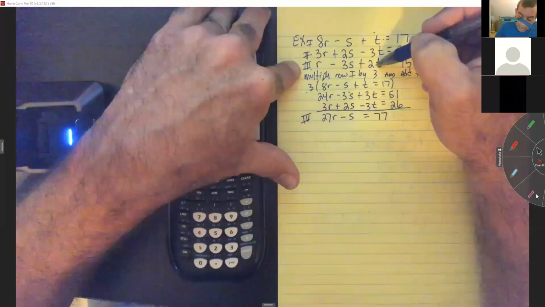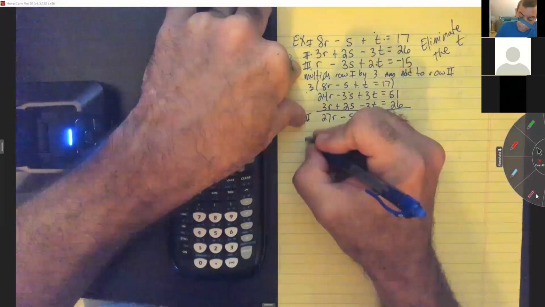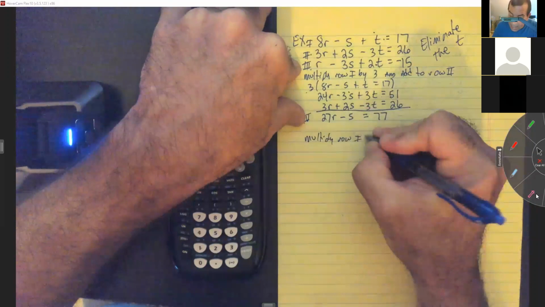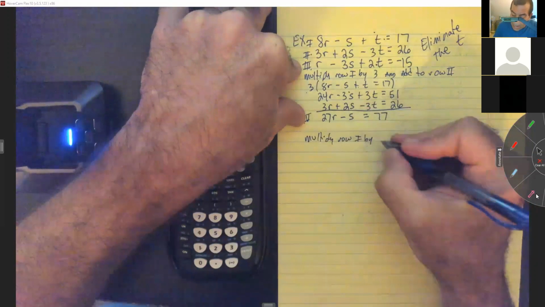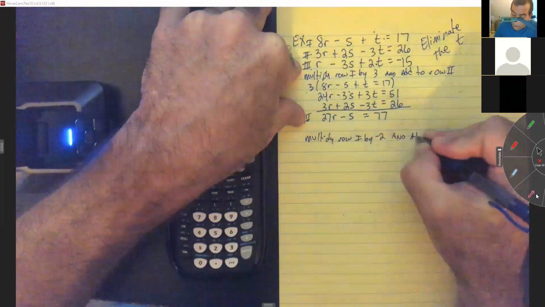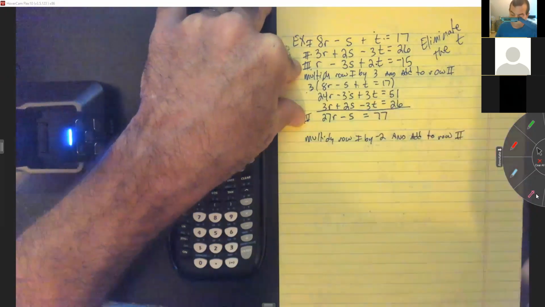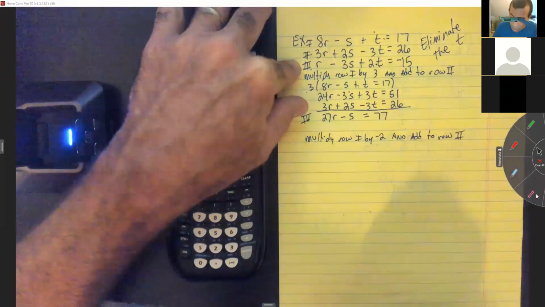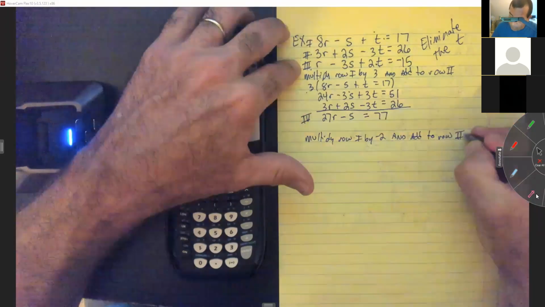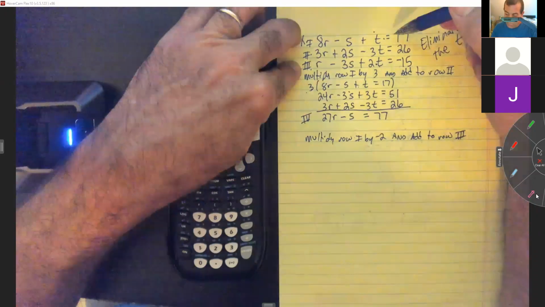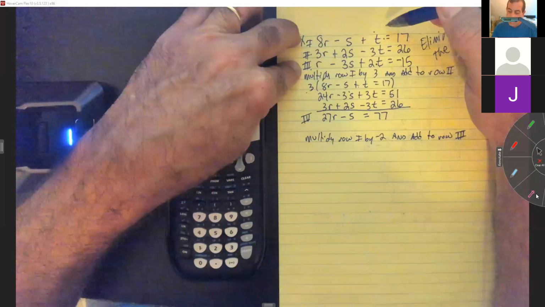So I'm going to multiply row 1 by negative 2 and add to row 3, so we can get rid of the T's again.